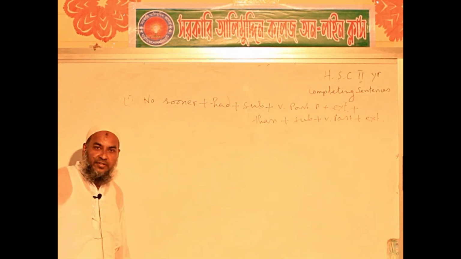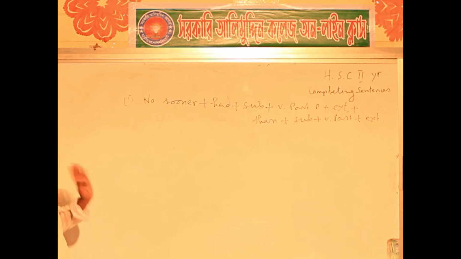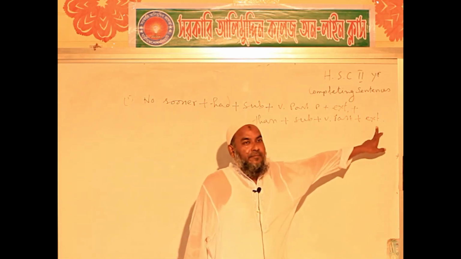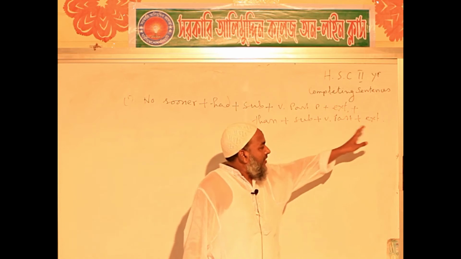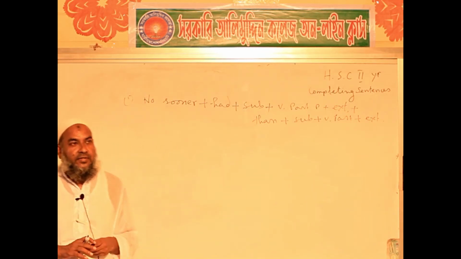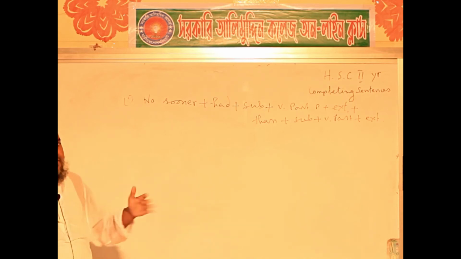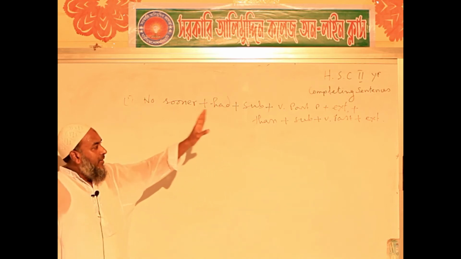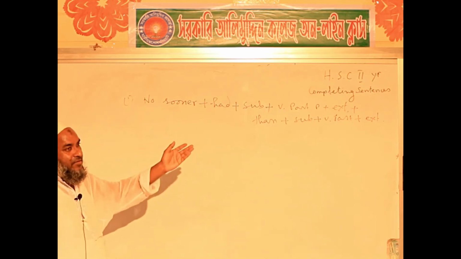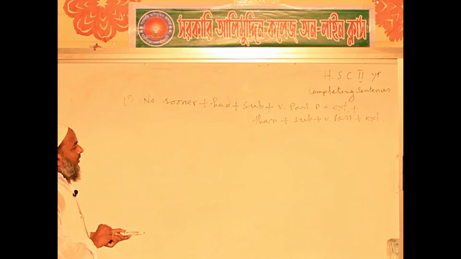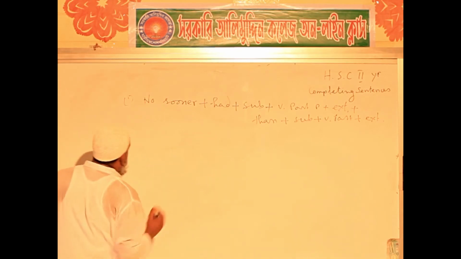This is the basic structure. That means if the sentence starts with no sooner, ultimately you have to go up to this point. If you can successfully go to this point, you can be sure that yes, I have completed my sentence. But if you cannot go up to this point, anywhere else or in any point, there might be some mistakes. I would like to give an example on this structure.